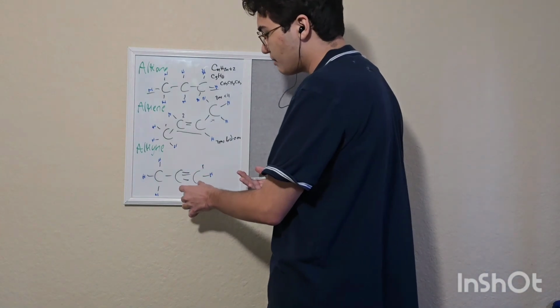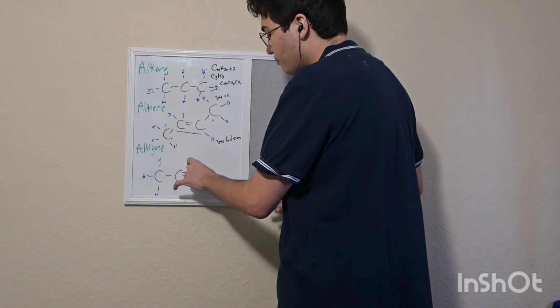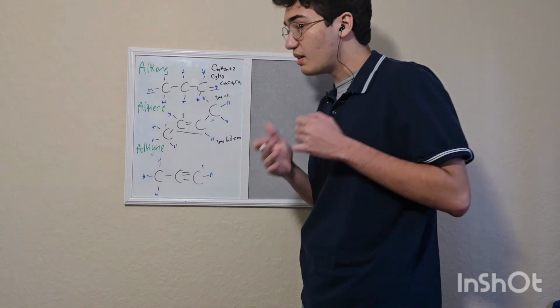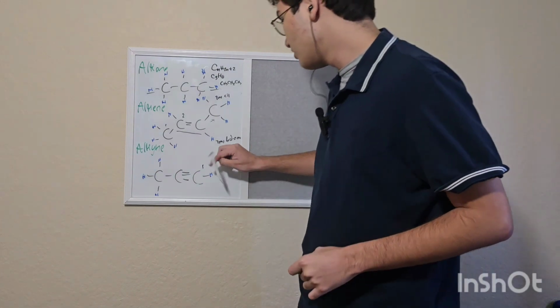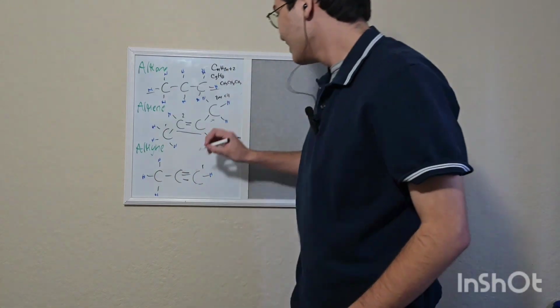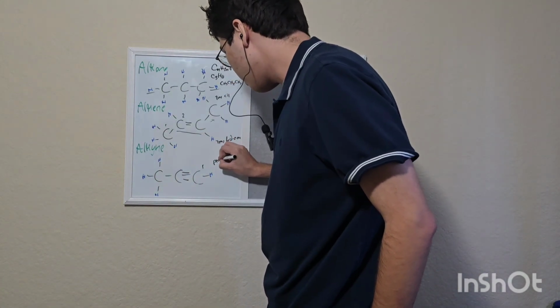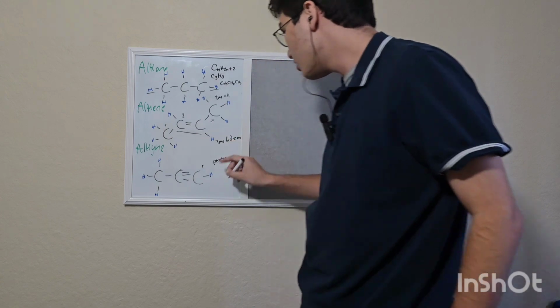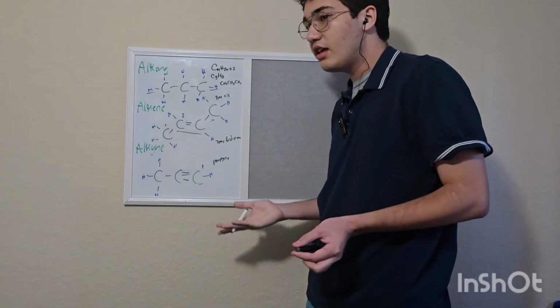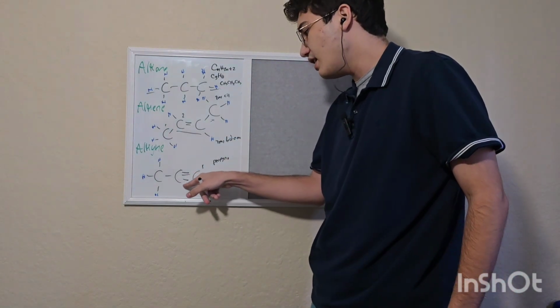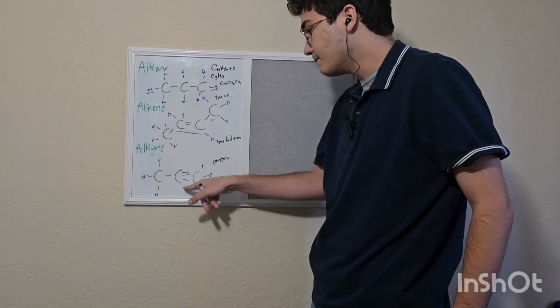But if you really think about it, it could only take place between the first and second one, no matter what order. So this would just be a propyne. No numbers, because you already know where it's going to be. It's always going to be there.